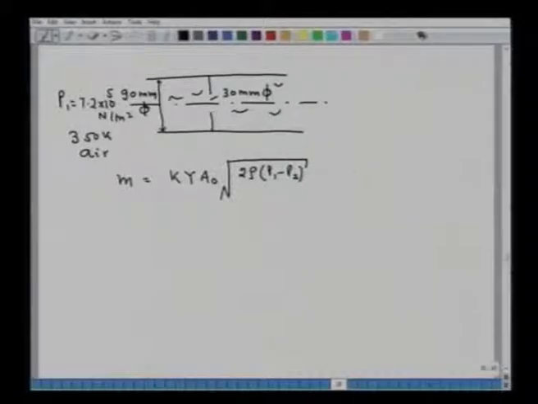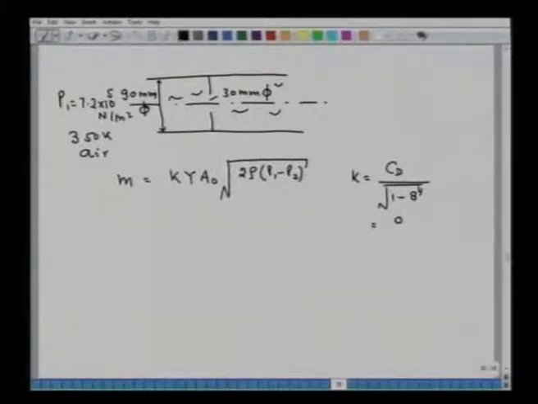As we know, K is equal to CD upon the square root of 1 minus B to the power 4, and B is the ratio of the diameters.